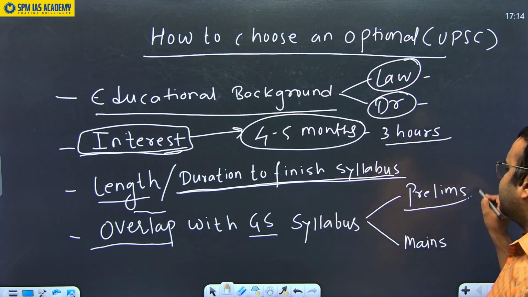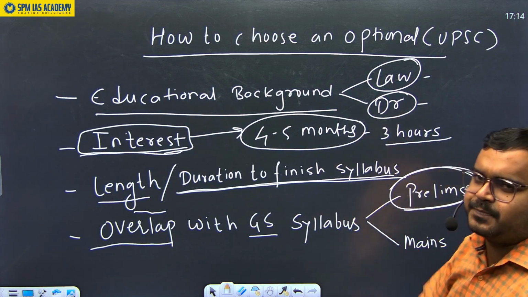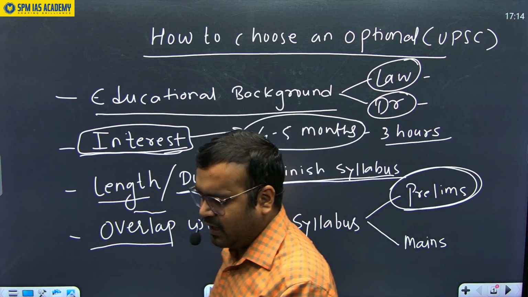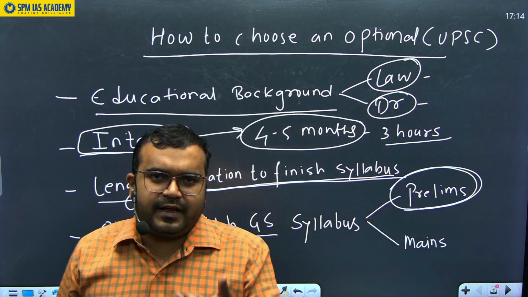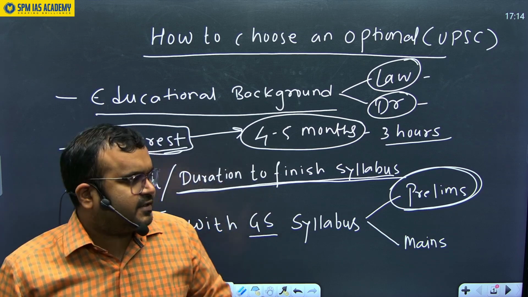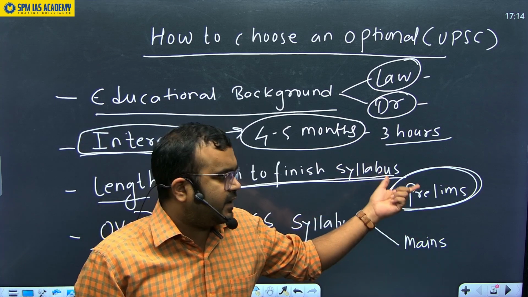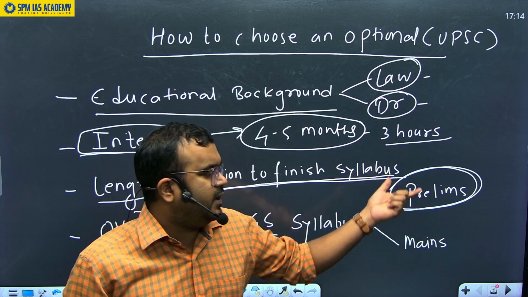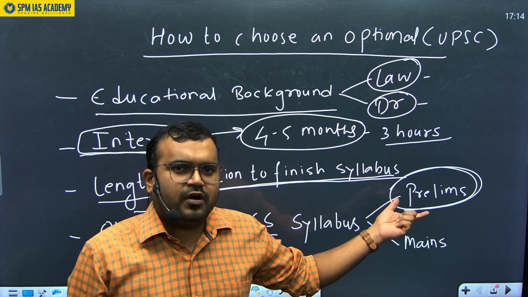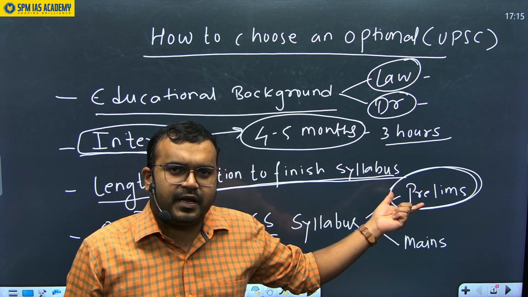Then overlap with the prelims syllabus is also a crucial aspect for most students, right? As you have seen in the case of certain subjects such as geography, or for that matter history and art and culture, similarly political science, or the economics questions asked from that particular section.